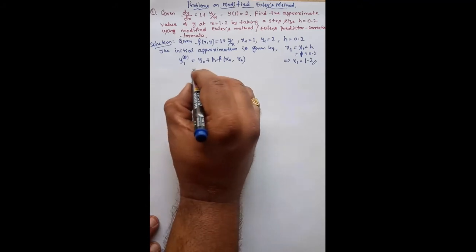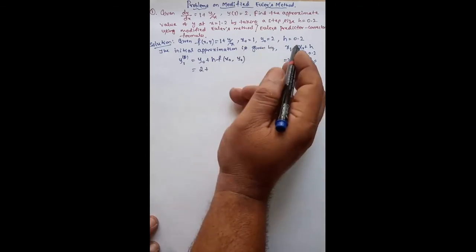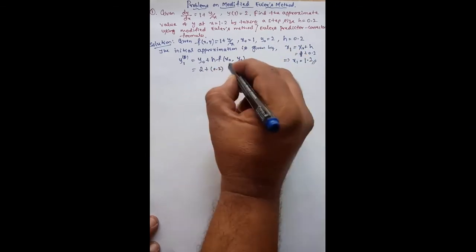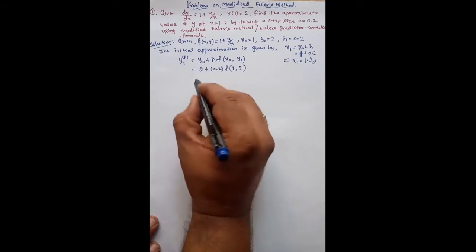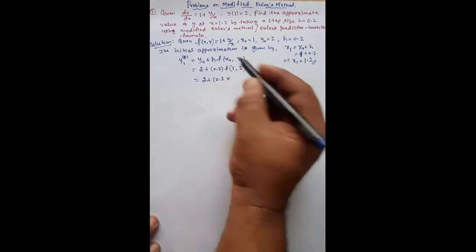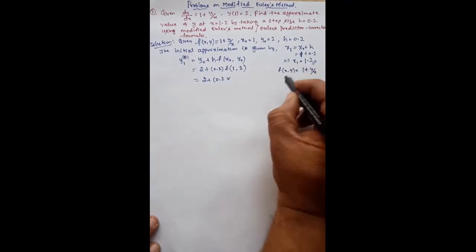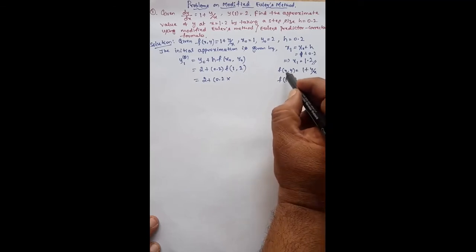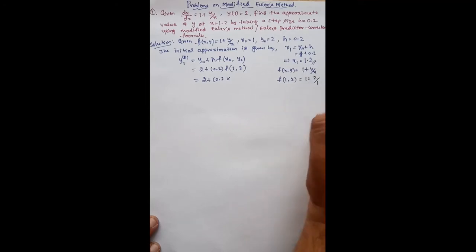Now substitute the values. y naught is 2, h is 0.2, into f of x naught, which is 1, comma y naught, which is 2. So this is equal to 2 plus 0.2 into f of 1 comma 2. Now f of x comma y is 1 plus y by x, so f of 1 comma 2 becomes 1 plus 2 by 1, which gives 3.